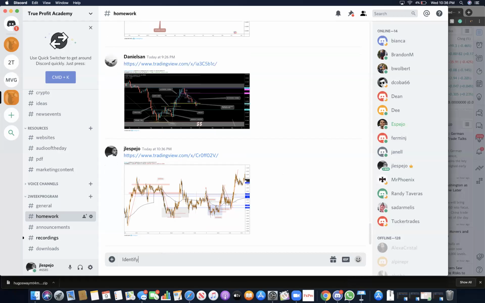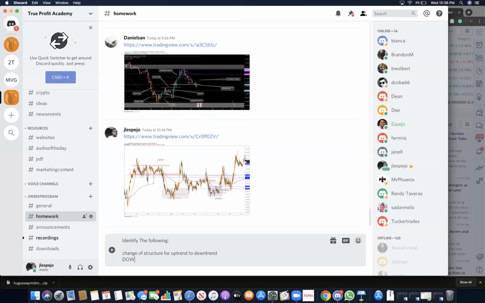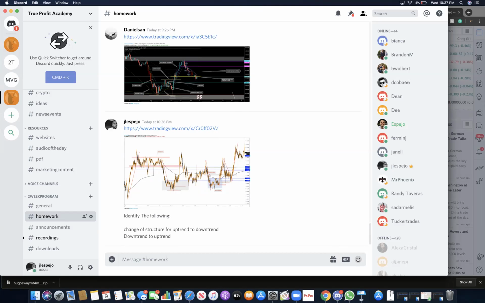Identify change of structure for uptrend to downtrend, downtrend to uptrend, right? Also identify accumulation. I don't know if I spelled that right.